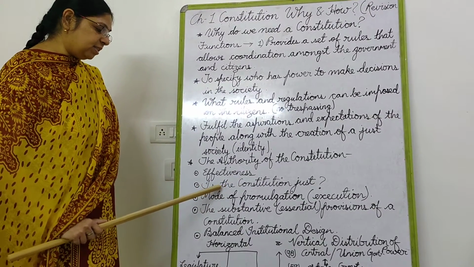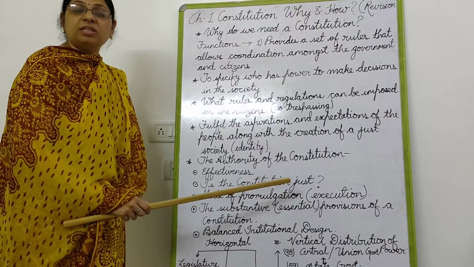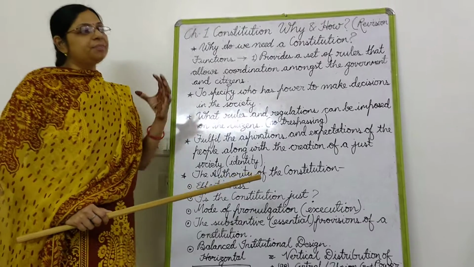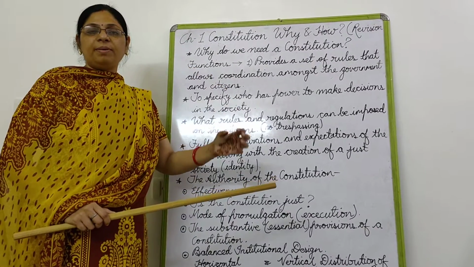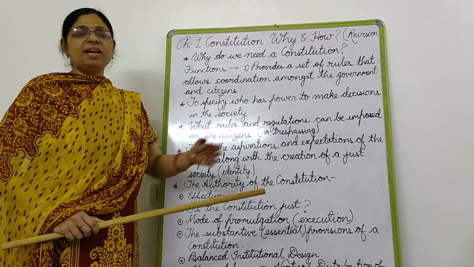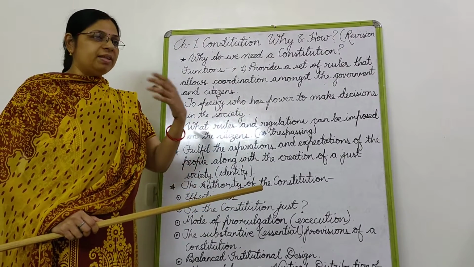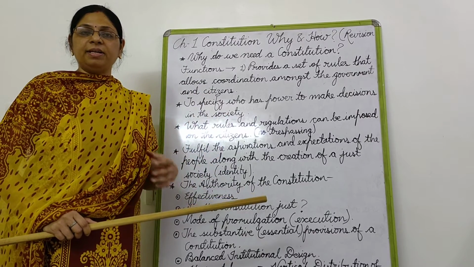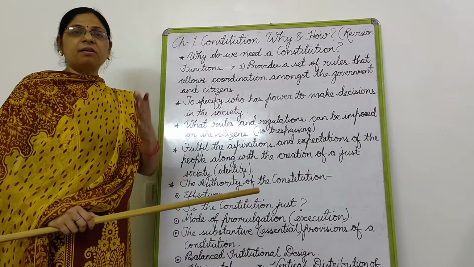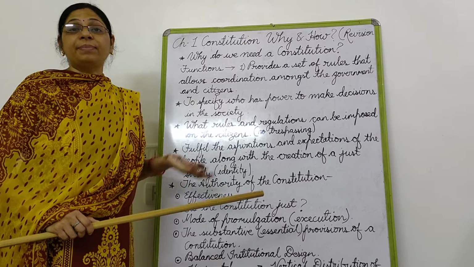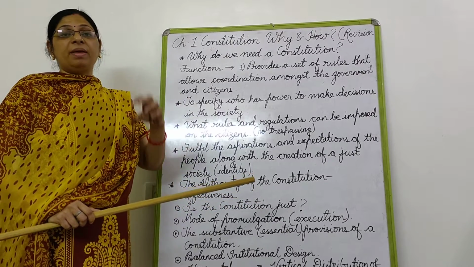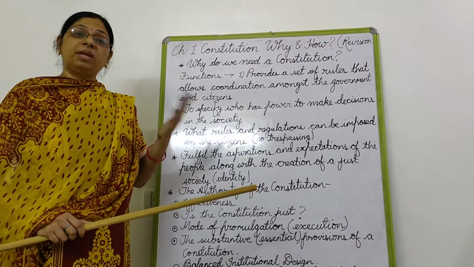Then the second is: is the constitution just? If it is left to the common people, maybe the Hindu community wants something else from the constitution, maybe the expectations of the Muslim community are something else, maybe the Christians of the country want something else, maybe the Bohra community wants something else.